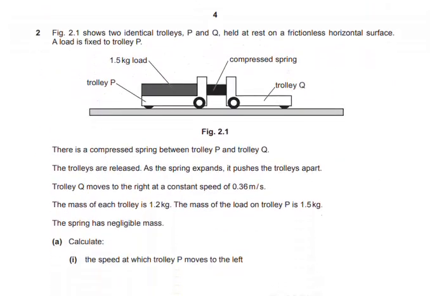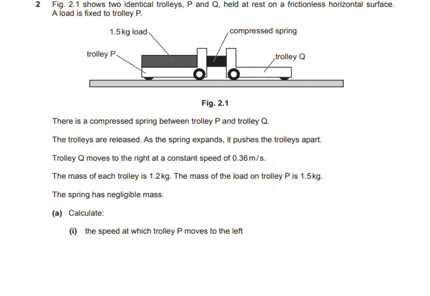Right, moving towards question number 2. Figure 2.1 shows two identical trolleys P and Q held at rest on a frictionless horizontal surface. A load is fixed to trolley P, okay, that is a load 1.5 kg. There is a compressed spring between the trolleys P and Q. The trolleys are released, and as the spring expands, it pushes the trolleys apart.